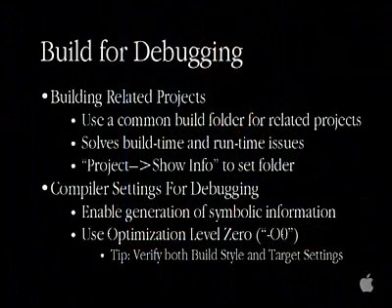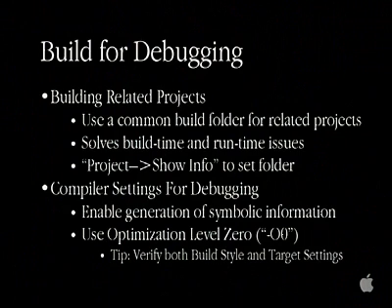The first is if you're working with multiple projects that are related, an app project and another project that builds a shared library, you want to create a common folder for them to build into. This solves issues at both build time, so that everything's found, and at runtime, so that we can run your newly built program. The way to set this is a setting on the project itself, using the show info command, and we'll show you how to do that in our demo in a moment.